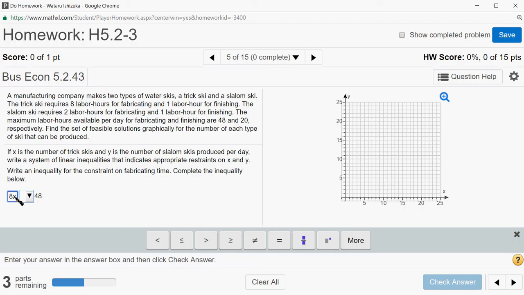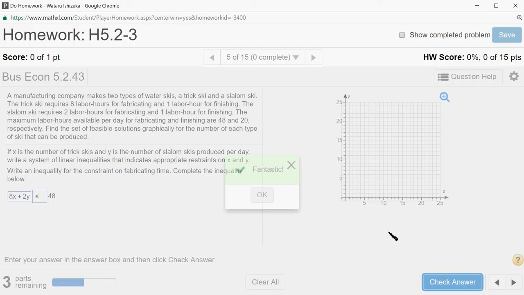And for the slalom skis, it only takes 2 hours per ski, so you're going to put 2 times y. Then it has to be less than, since fabricating time is limited to 48 hours, so it's going to be less than or equal to 48. So let's check the answer. All right, we got that.